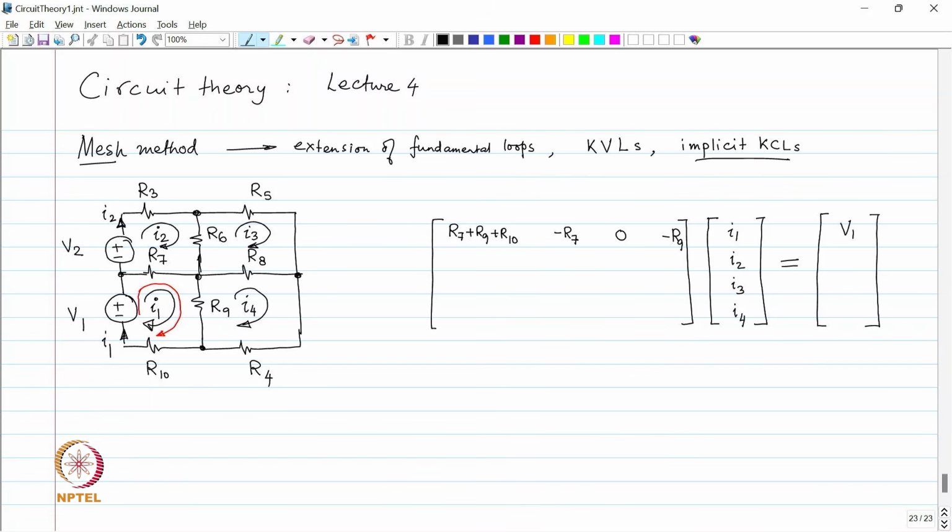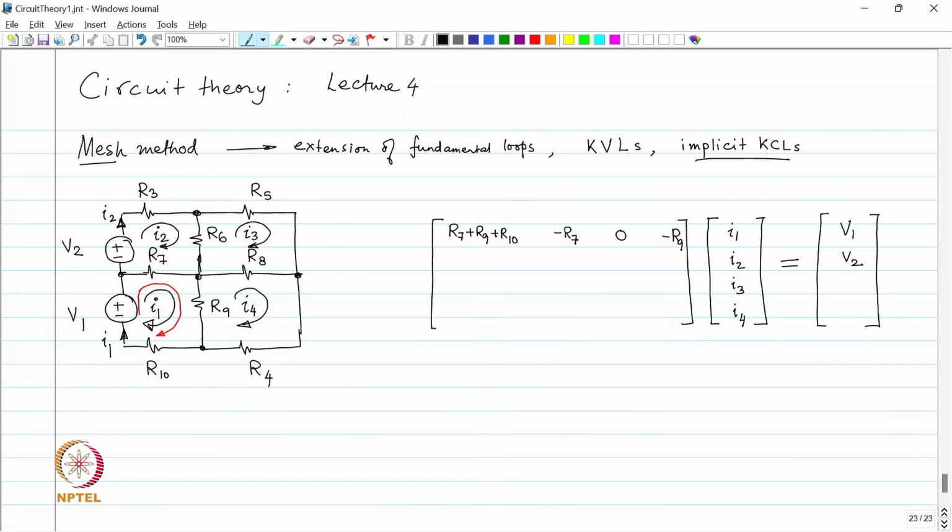Okay. Go to the next loop, I2. Next loop corresponds to I2. This is very similar. Drop is now how much? Minus V2. So, we take it to the right side and make it V2.